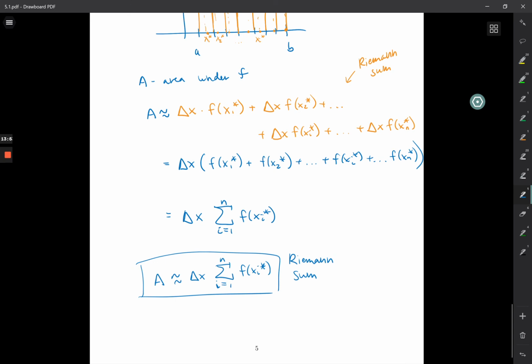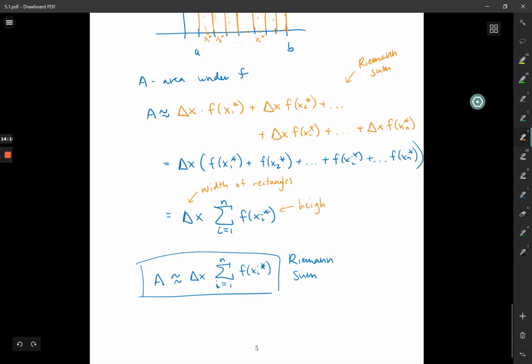Just to point out, so this is a little bit more readable, delta x is the width of the rectangles that you're using. And altogether, it's the sum of all of the heights.